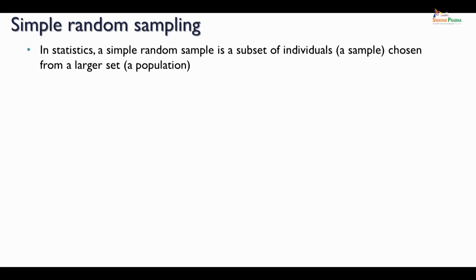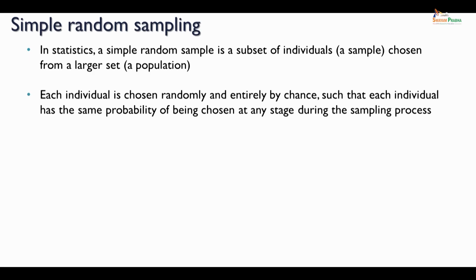Let us first see about simple random sampling. In statistics, a simple random sample is a subset of individuals, that is the samples, chosen from a larger set. The larger set is nothing but the population.